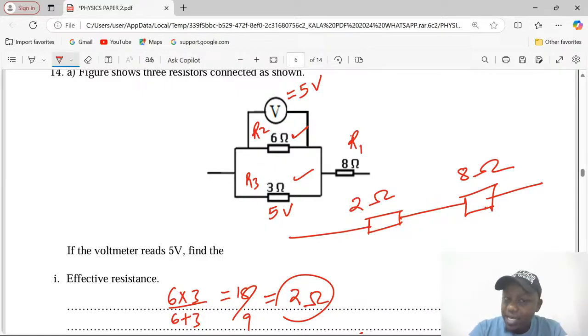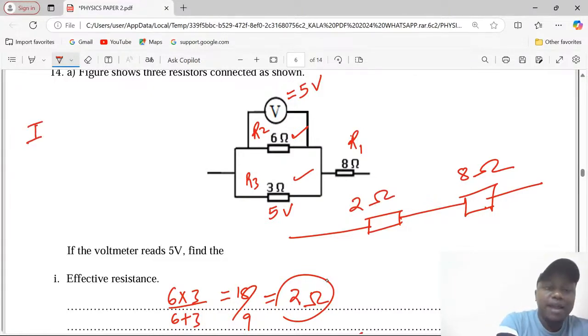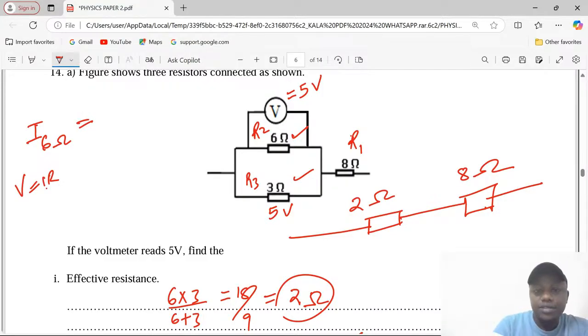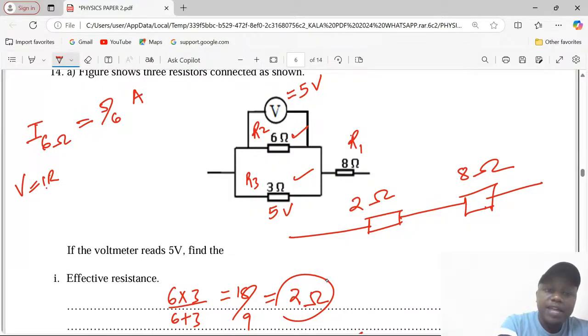So we can get the respective currents. Current in the 6 ohm resistor: from V equals IR, current is V over R. So V is 5 over R, which is 6, in amperes. Then the current across the 3 ohm resistor is also V over its resistance.